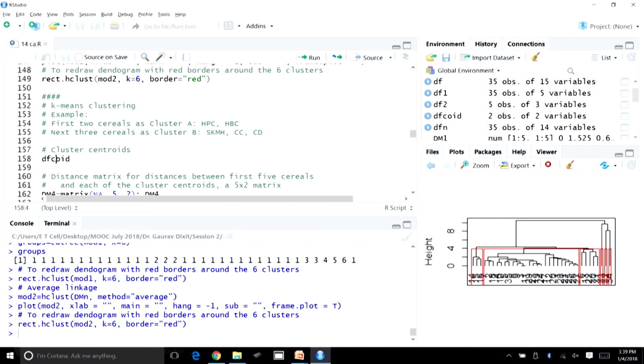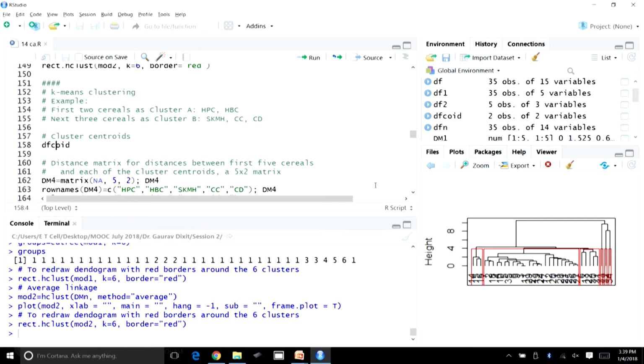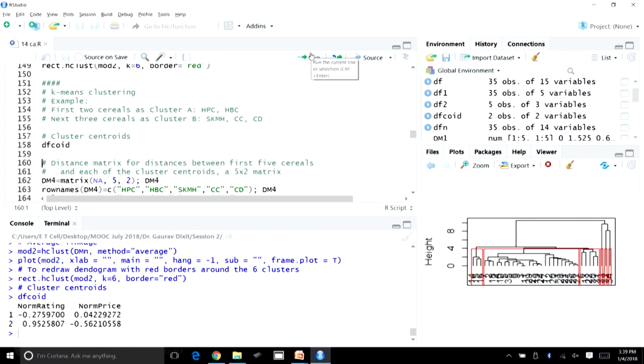So, let us see that data again. If we run this, these are the cluster centroids. Row 1 is the centroid for cluster A, row 2 is the centroid for cluster B. We can see just 2 variables are being considered, rating and price, and that too on a normalized scale.